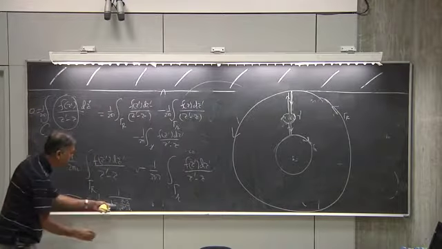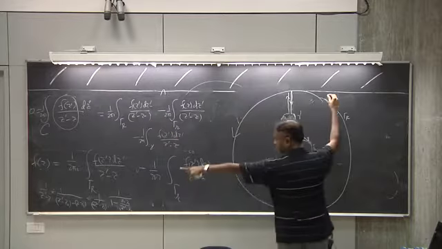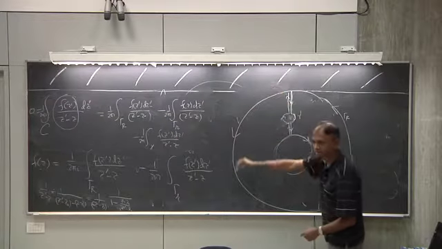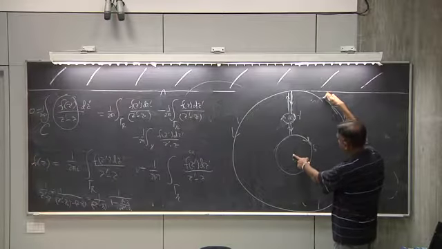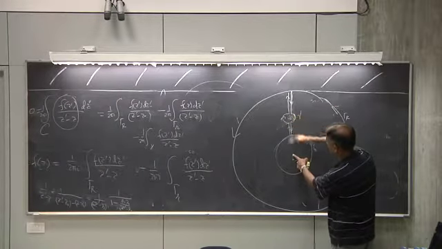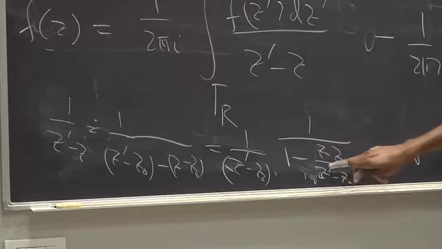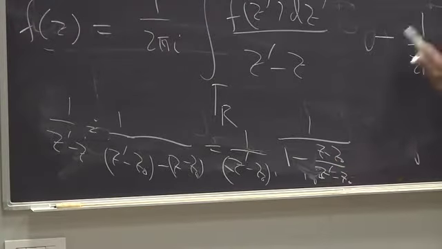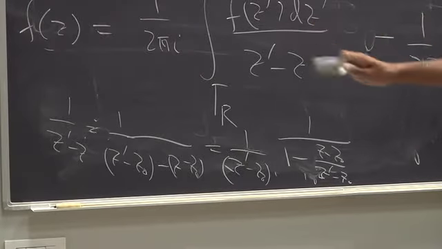And then we used the fact that z prime, for the bigger circle, is on here, so z prime minus z0 has this radius, capital R, whereas z minus z0 has smaller length. So this quantity has an absolute value less than 1. So we did a geometric expansion, and then we got what the Taylor series was.